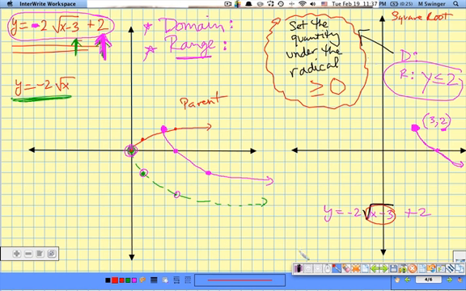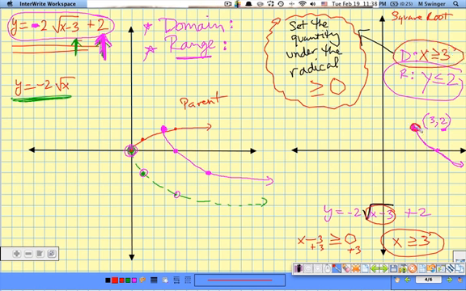Okay? So all I'm going to do off to the side is say, okay, x minus 3, whatever's underneath here has to be greater or equal to 0, right? Whatever's underneath here. So solve this thing. Plus 3, plus 3. So what does that mean? X has to be greater or equal to 3. There you go, you got your domain. Domain, x is greater or equal to 3. Doesn't that make sense? Look at the picture.